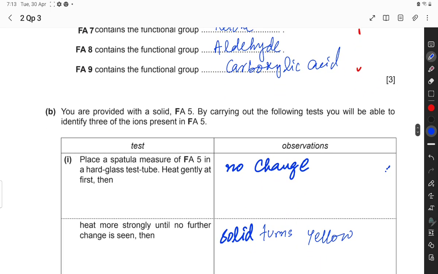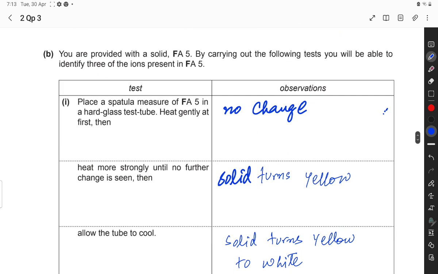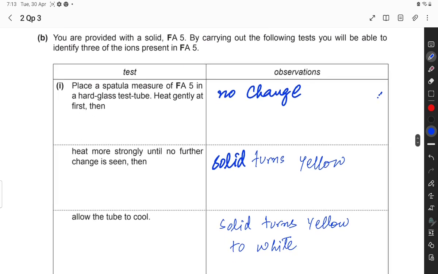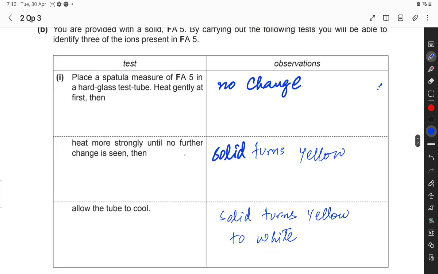You are provided with a solid Fa5. By carrying out the following tests, you will be able to identify 3 of the ions present in Fa5. Place a spatula measure of Fa5 in a hard glass tube. Heat gently at first, there is no change. Heat more strongly until no further change. Solid turns yellow.